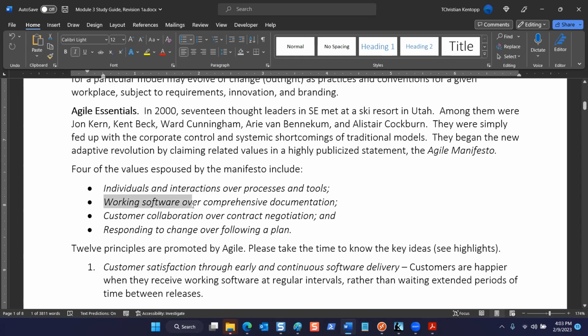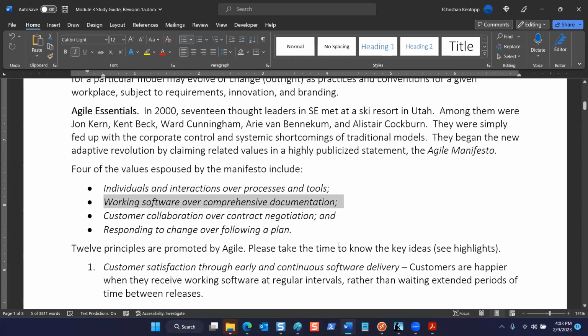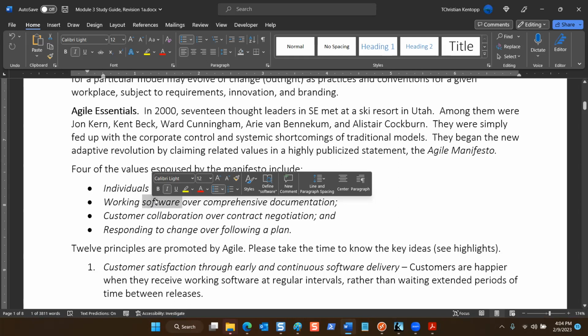They stress working software over comprehensive documentation. What a contrast. Now, that doesn't mean you don't have any documentation. Let's dispel that right now. But what we are saying is, I can document stuff after I get it running, but my focus is to get this thing going, get it working.